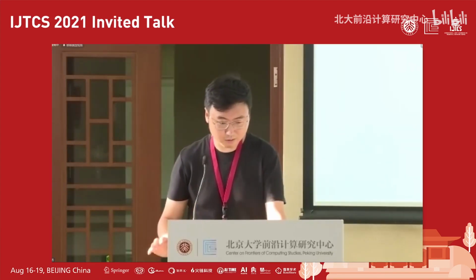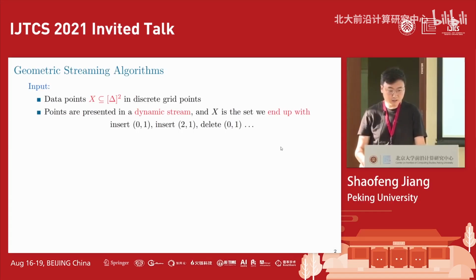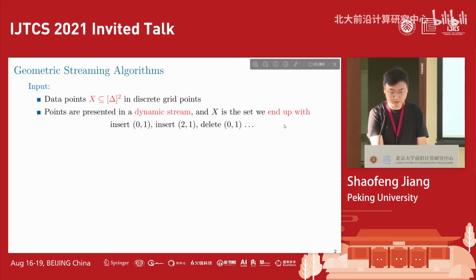All right. So I assume the data points are from the two-dimensional discrete grid, which means every data point is a two-dimensional vector with integer coordinates in the range from 0 to delta minus 1.